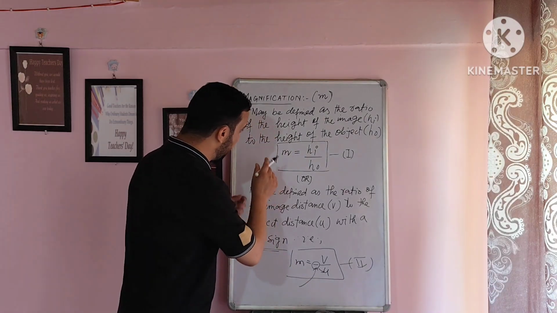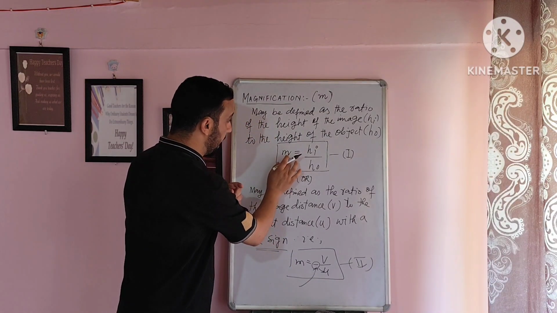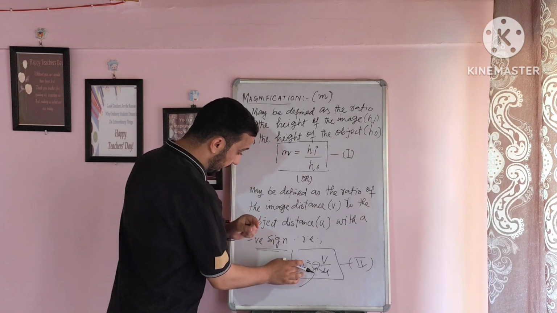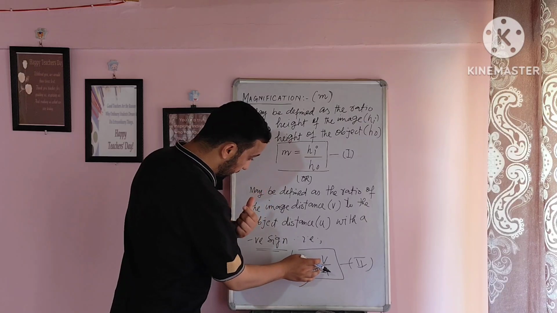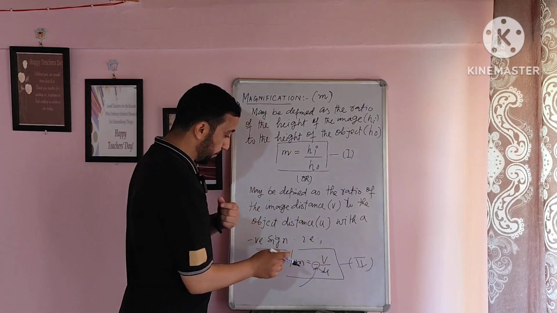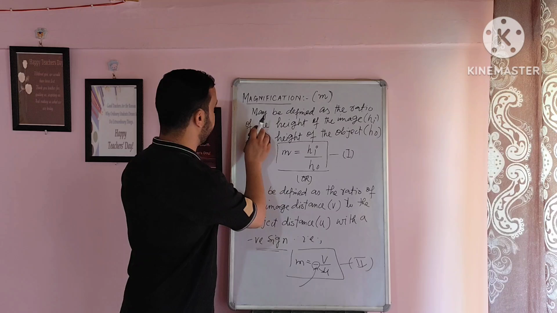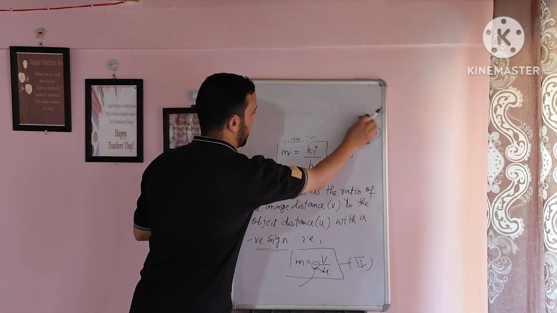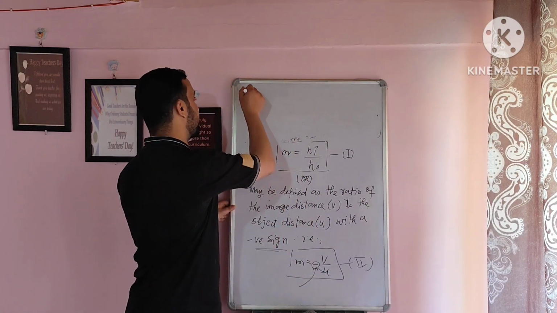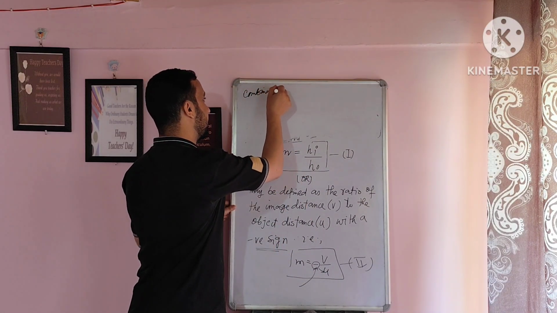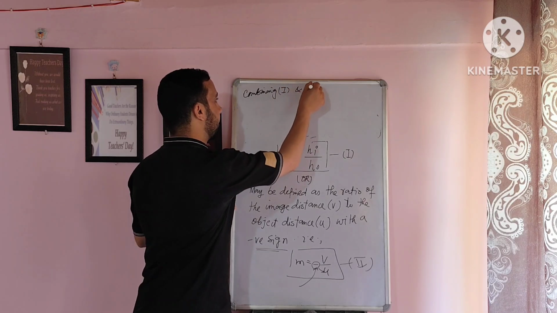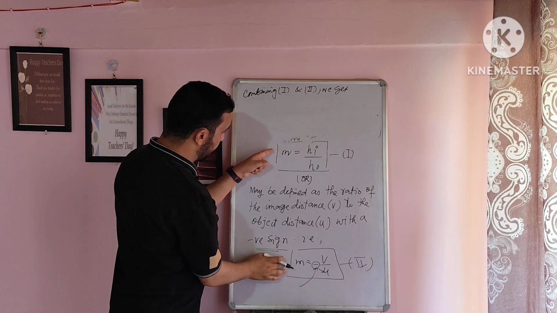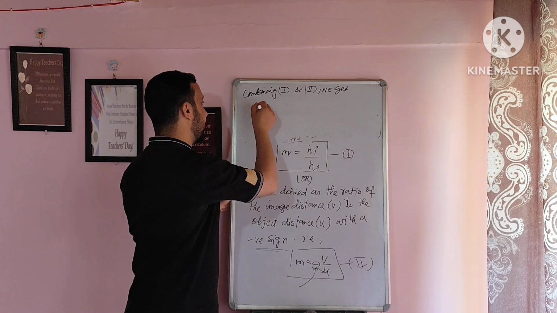So we can have two formulas for magnification. M equals Hi upon Ho, and the same M can be written in the form of minus V upon U. So if we combine the first and second, M is the same quantity, so we can write only M here.